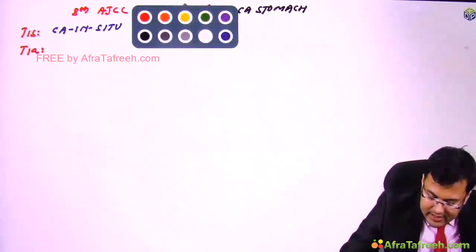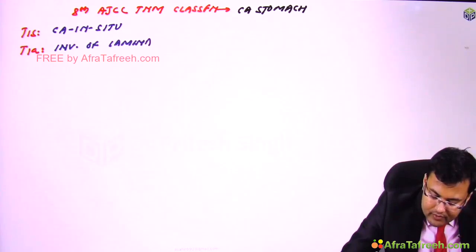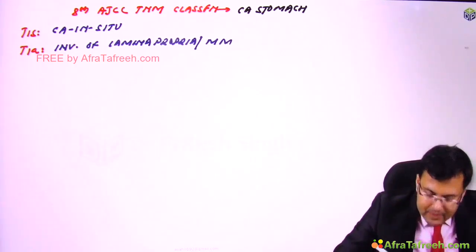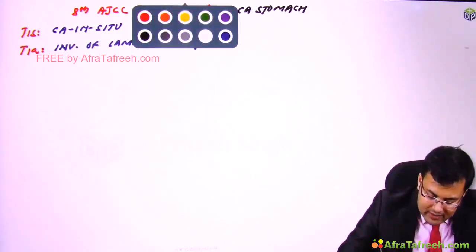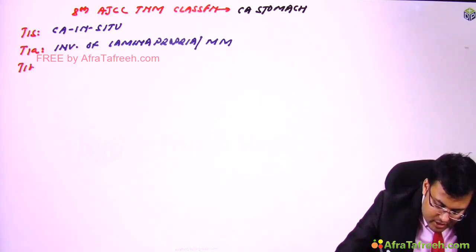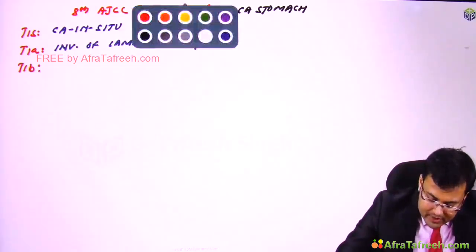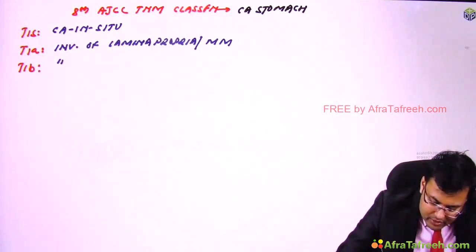In T1a, there is involvement of lamina propria or muscularis mucosa. After that, T1b, which layer is located just below muscularis mucosa? Submucosa. So there is involvement of submucosa.